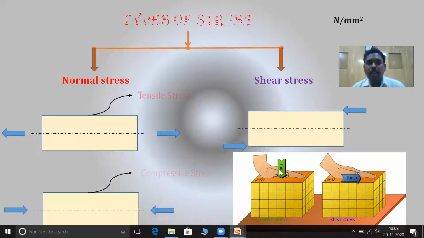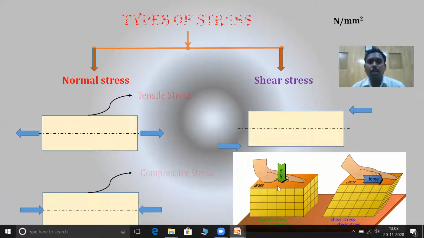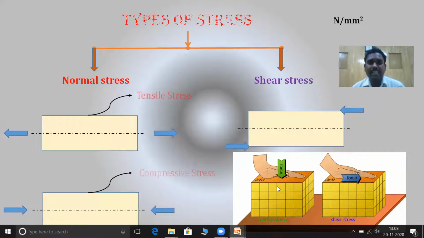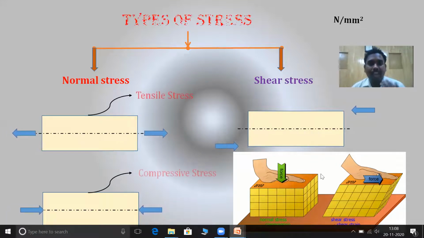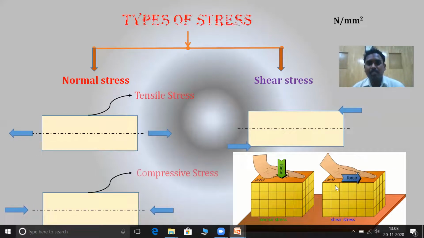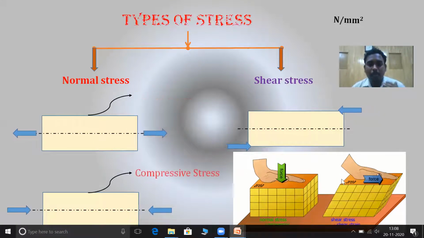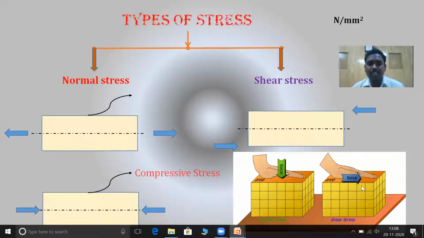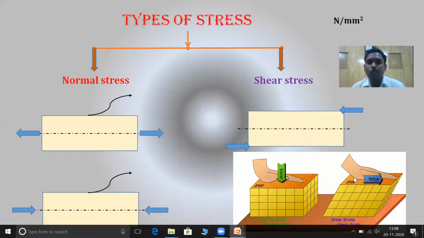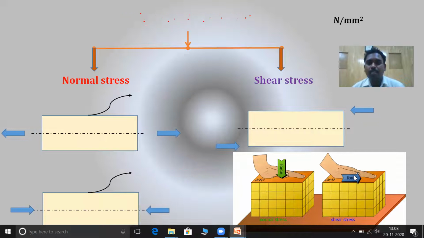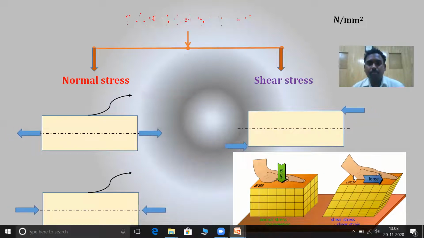In this case, I am applying a compressive force, so compressive stress is induced. It is an example for the normal stress. Whereas in the second case, I am applying a load along the surface. The force is represented with blue color. This is an example for shear stress.